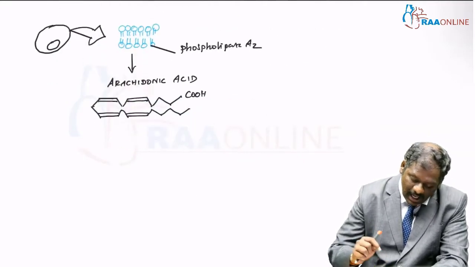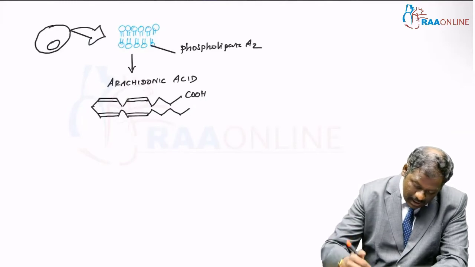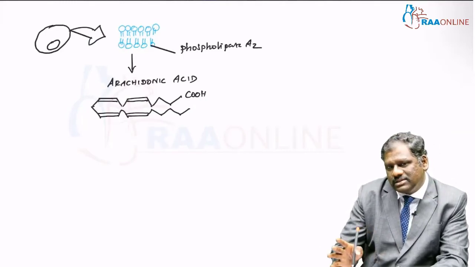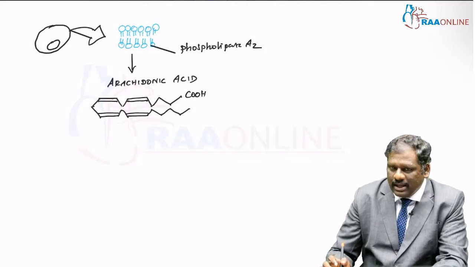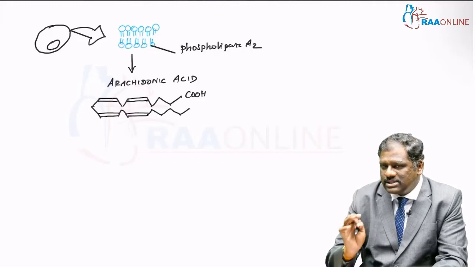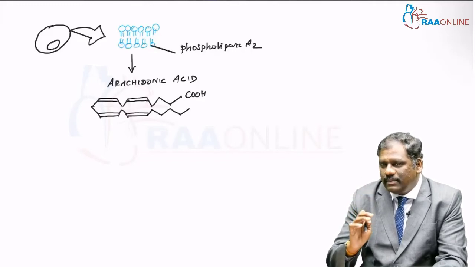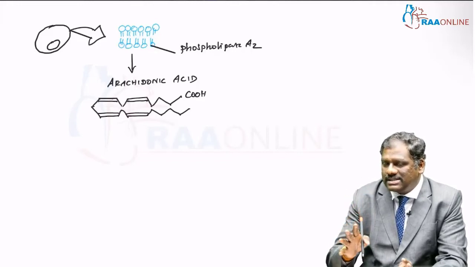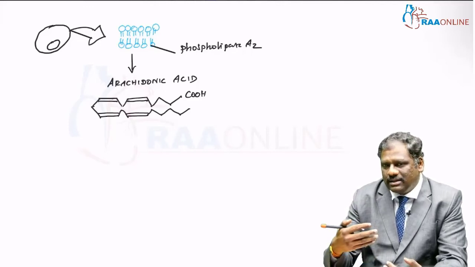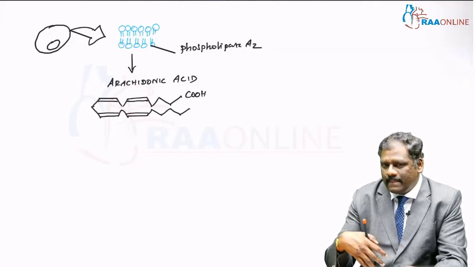Now this arachidonic acid has various different fates. They can enter various kinds of pathways, and the pathway will be determined by the cell where this eicosanoid synthesis is taking place.